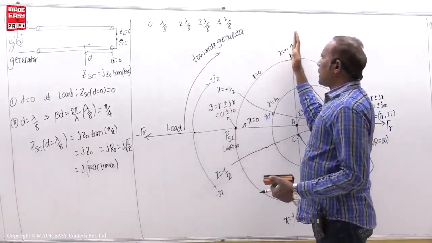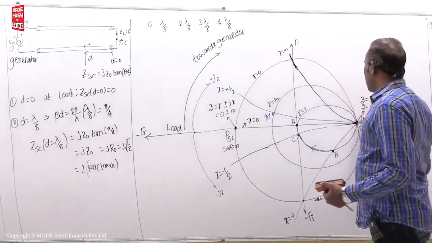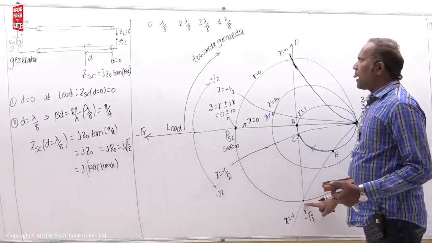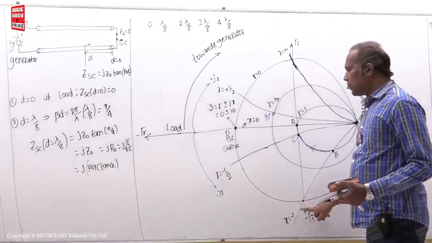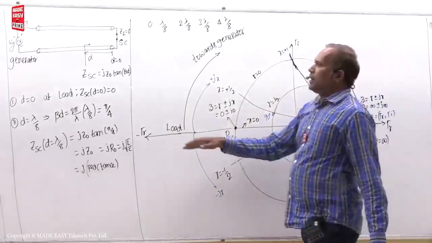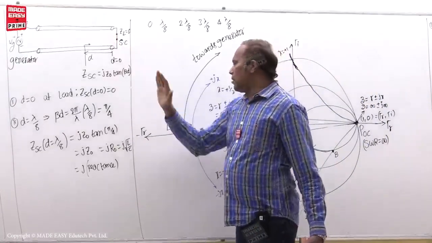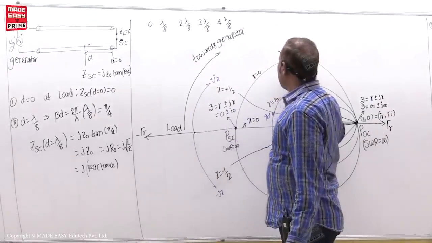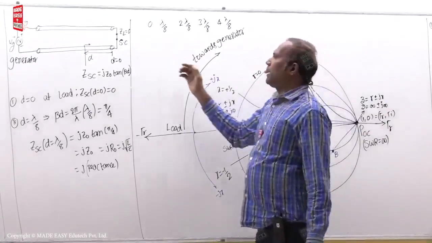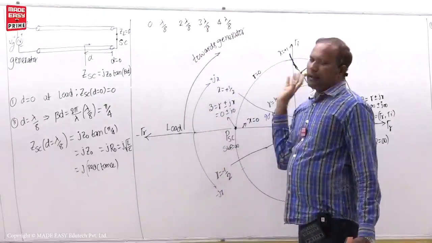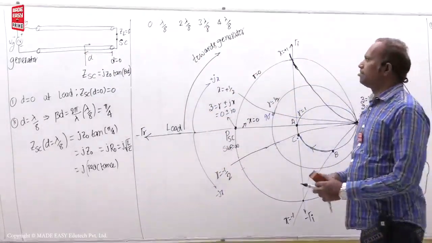Lambda by 8 means this location. 2 lambda by 8 means this location. 3 lambda by 8 means this location. And 4 lambda by 8 means lambda by 2, that is again this location on this Smith chart. That means you are at load, D0, means you are here. D is equal to lambda by 8 means on this Smith chart you are here, but on the transmission line you are at lambda by 8 distance. And like that, etc. students. That is the meaning.